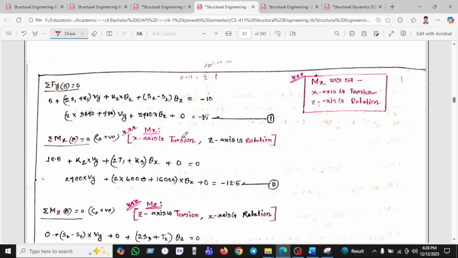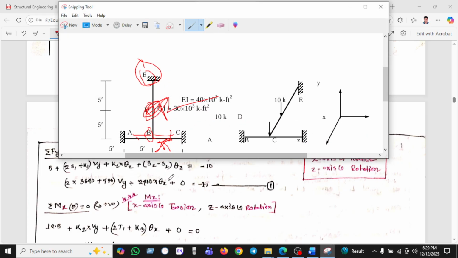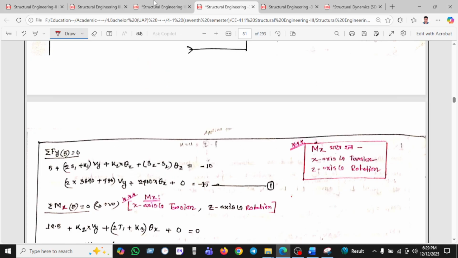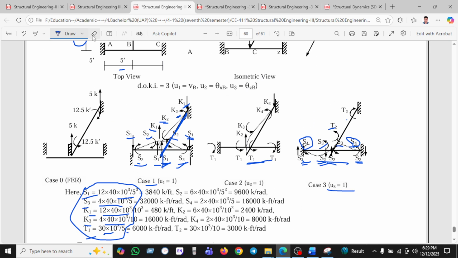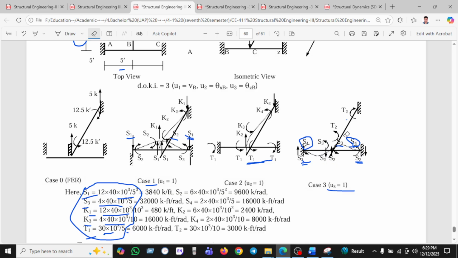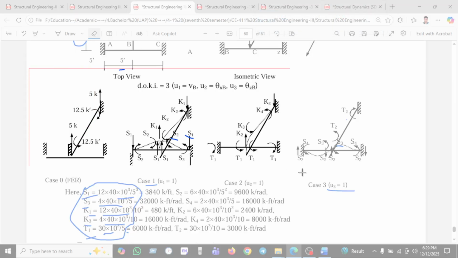After getting all these values, now we are taking the summation of Fy. What does Fy mean? I'm just taking another snipping picture for your better understanding. Okay, give me a second.